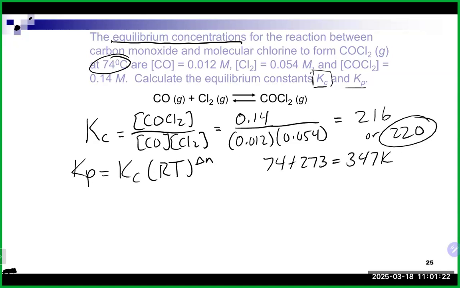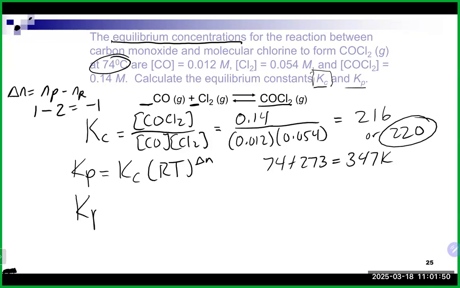We also want to figure out our Δn in this case. And remember that we want to go moles of products minus moles of reactants. On the product side, we have one gas molecule. On the reactant side, one gas molecule there, and one more makes two. That's going to give us, again, a -1 here for our Δn. And again, that negative is important. That, I think, is everything that we need.